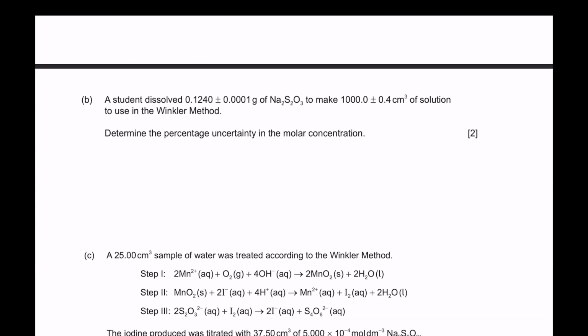Now the next one: a student has dissolved this much amount of Na2S2O3 to make 1000 plus or minus 0.4 centimeter cube of solution to use the Winkler method. Now we have to determine the percentage uncertainty in molar concentration. So molar concentration is moles of Na2S2O3 divided by volume of solution.